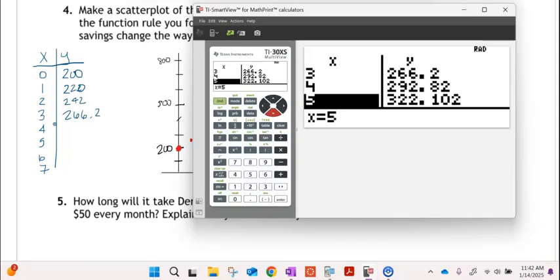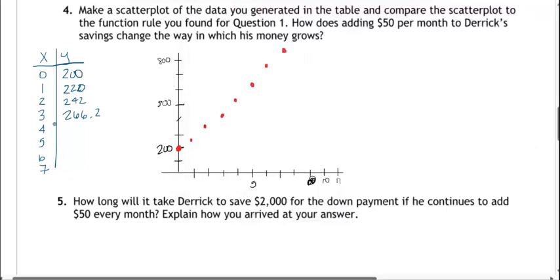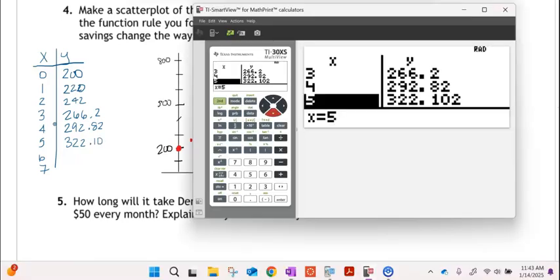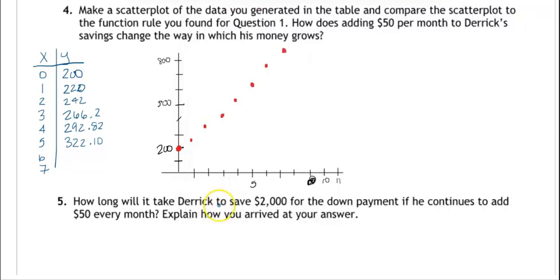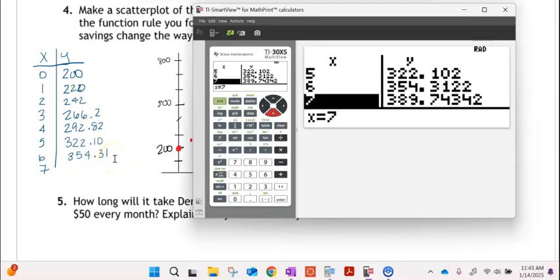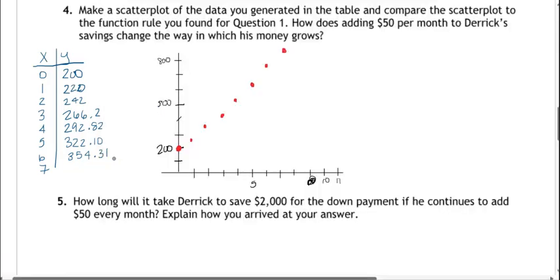Month 5 was 322.102. Month 6 and 7, so 354.312, and 389.74.